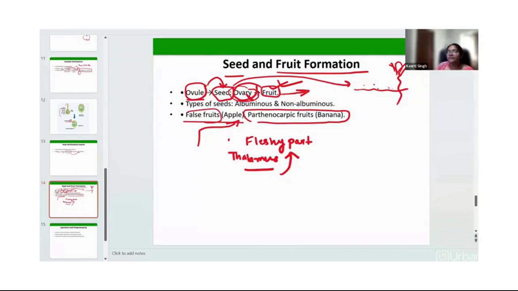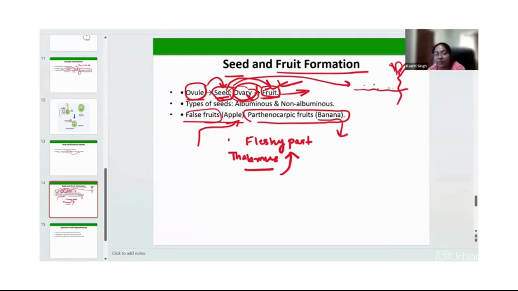Okay. And why parthenocarpy? After fertilization, we have seen that the ultimate byproducts are seed and fruit. And in most cases, seeds are inside the fruit. Suppose, say, mango. Mango has seeds.